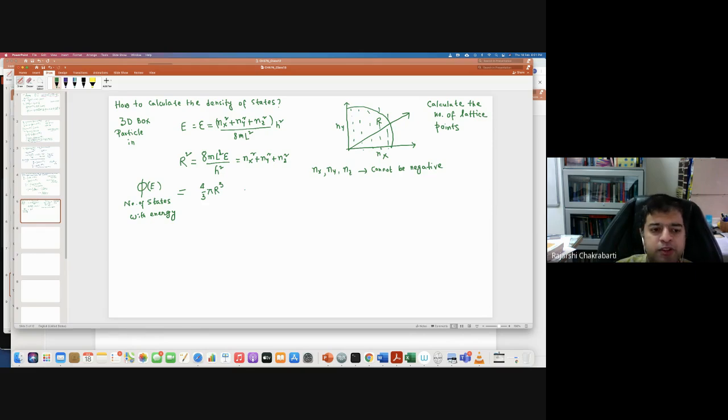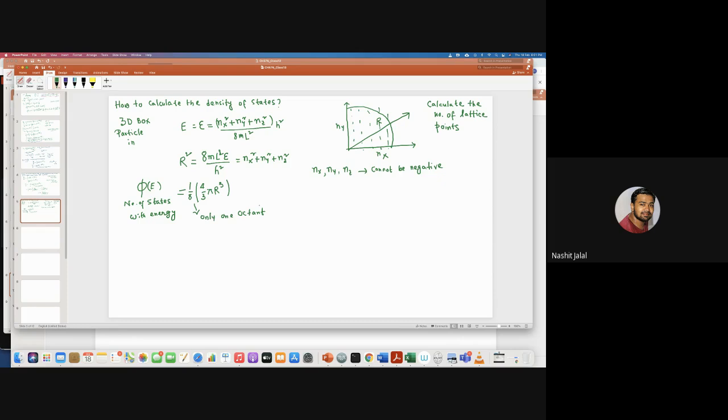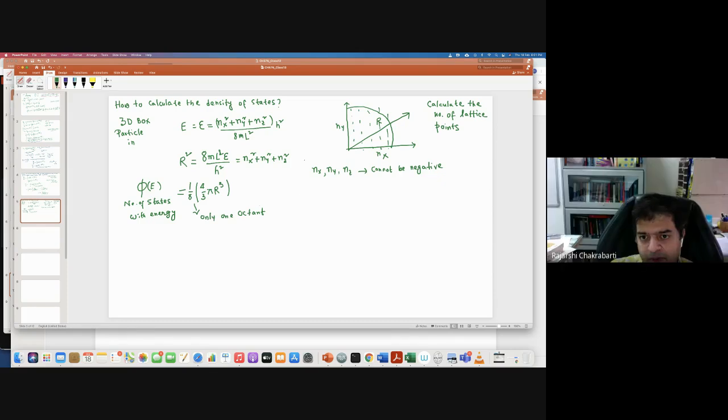This could be the number of such states, isn't it? Yes, but it is not exact. This is not strictly the number because I have to multiply this with 1/8. Why 1/8? Only one octant I take. Any idea why we take only one octant? Because of the restriction in x and y and z. Yes, because of this restriction.